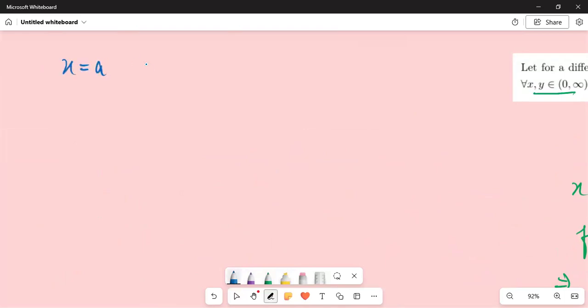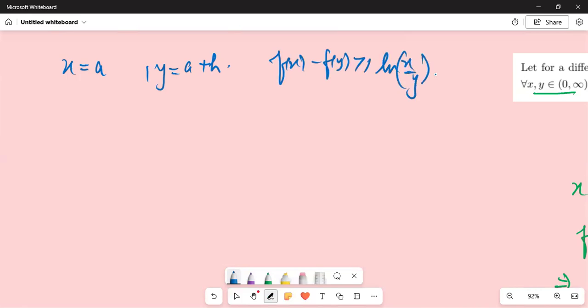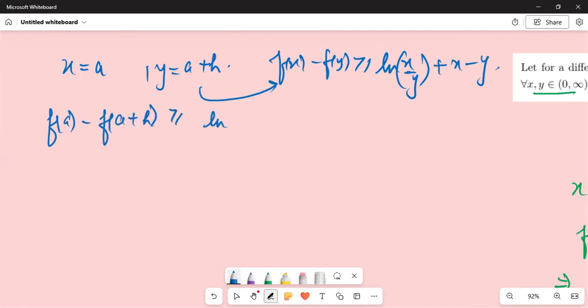Our x is a and y is a plus h. And we are given that f(x) minus f(y) is greater than or equal to natural log x by y plus x minus y. Substituting this over here, you get f at a minus f at a plus h is greater than or equal to logarithm a by a plus h plus a minus a plus h.